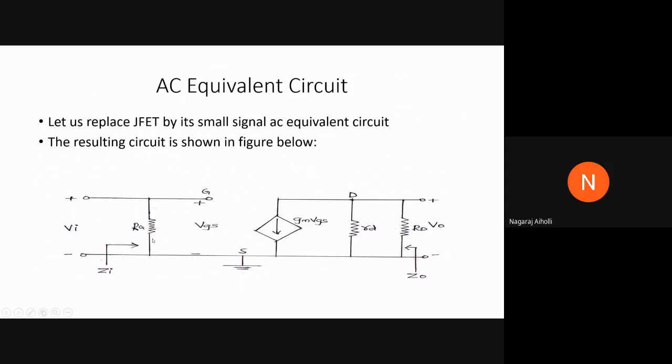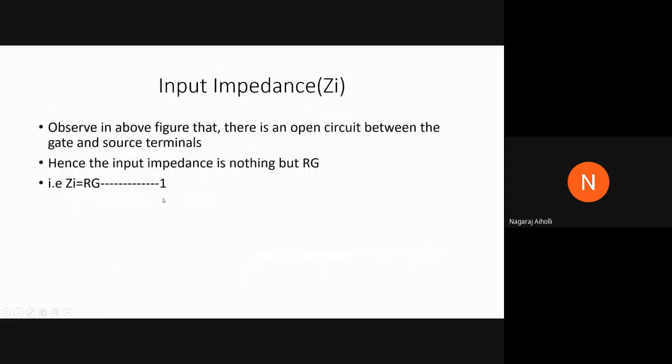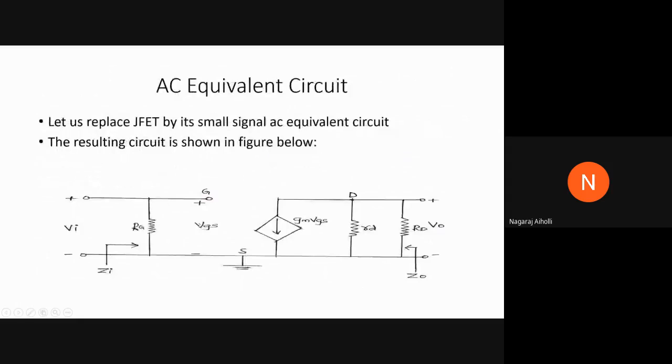The input impedance Zi is nothing but the resistance RG, because it's an open circuit between source and gate. If there was some resistance here, then there would be a combination of this RG and that resistance present between source and gate. But as source to gate is open circuit, the input impedance is simply the resistance RG.